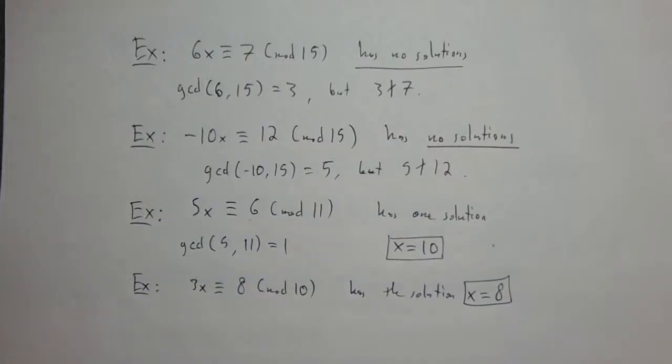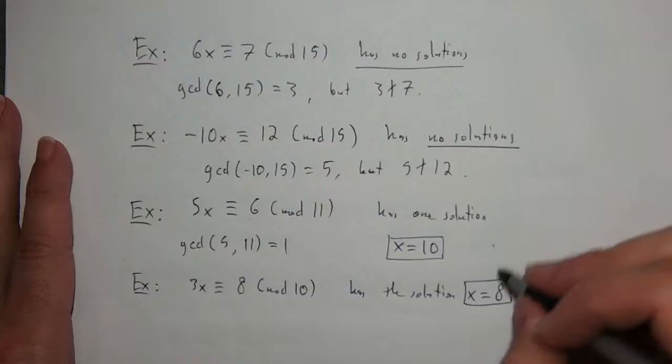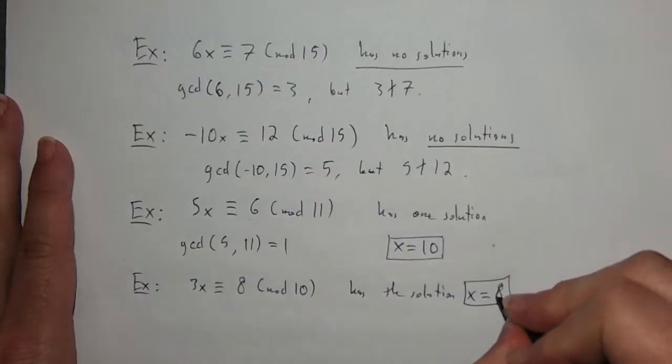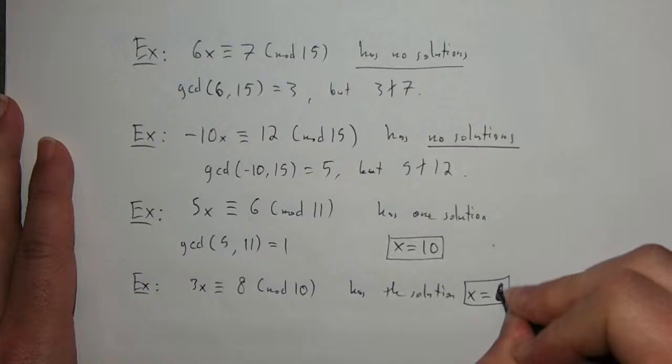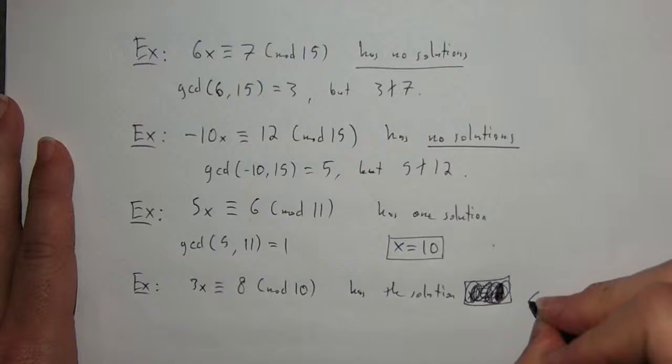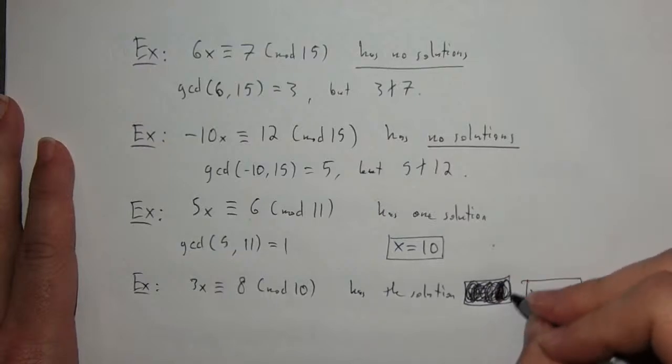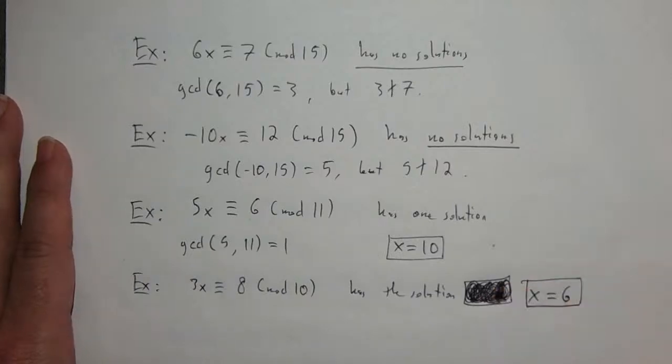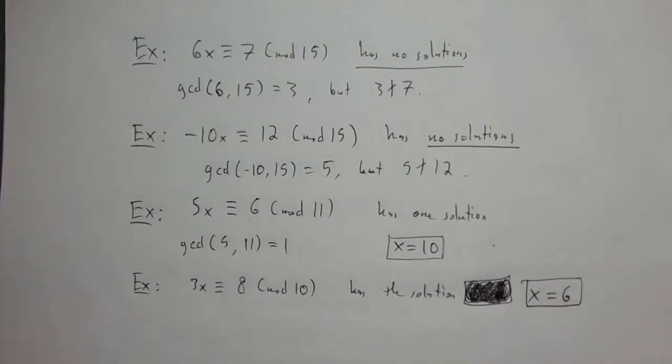So 3 times 8 is 24 mod 10. Sorry, not x equals 8, that doesn't work. Here, let me rewrite this, this looks confusing. Yeah, x equals 8 doesn't work. That would be congruent to 4 mod 10, not 8. So x equals 6 works. 3 times 6 is 18. Mod 10, that's 8. So this has solution x equals 6.